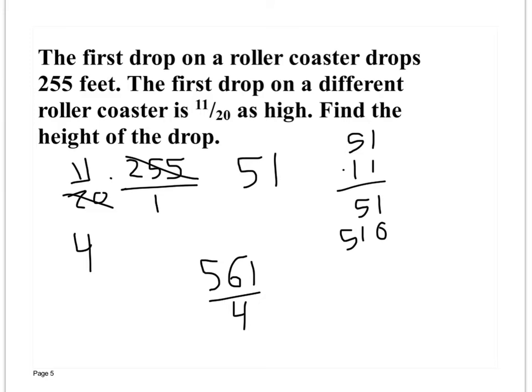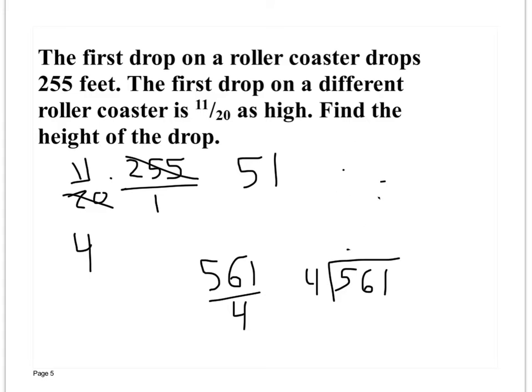Now I have to make this a mixed number. So I take 561 divided by 4. How many times does 4 go into 5? How many times does 4 go into 16?